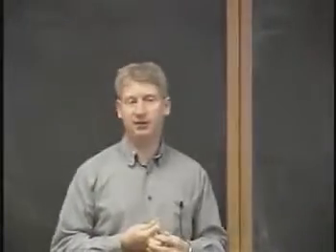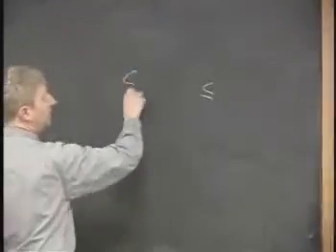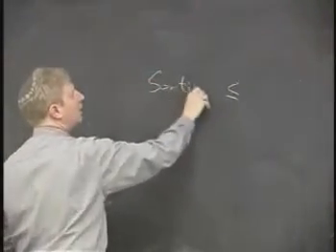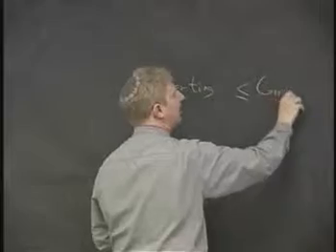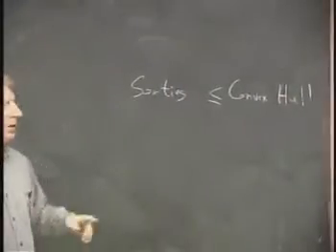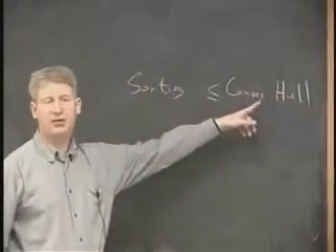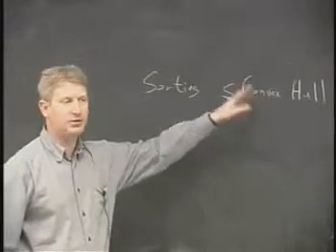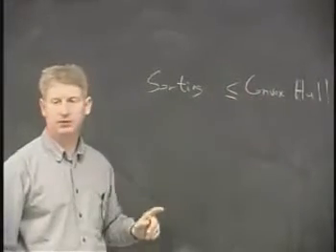Therefore, we would have proved that convex hull has to also take at least n log n. This idea is called a reduction. And the particular example we're doing, we're showing that sorting reduces to convex hull. I'll show you a way of solving sorting if I can solve convex hull. In other words, convex hull is at least as hard as sorting.